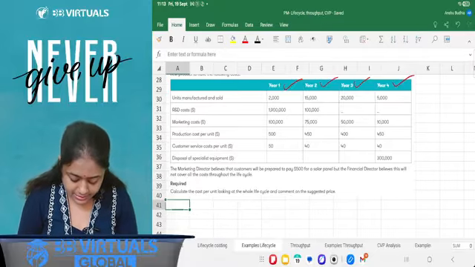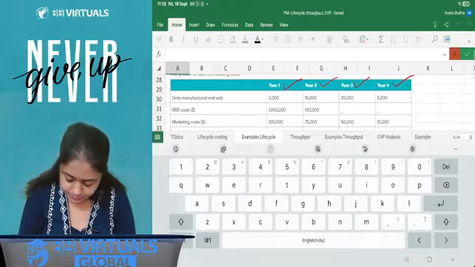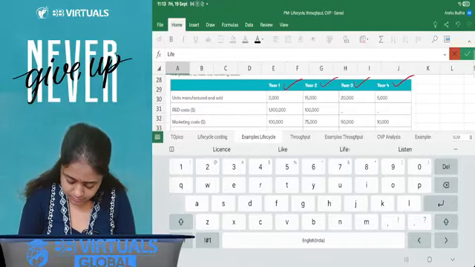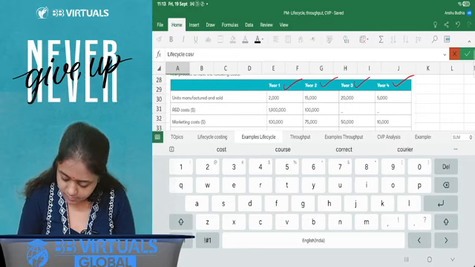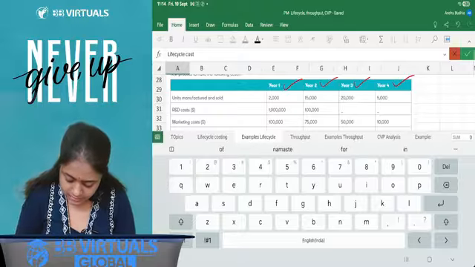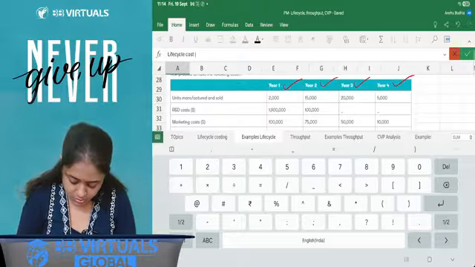So let's calculate the cost per unit. For that, first we will calculate the life cycle cost total.